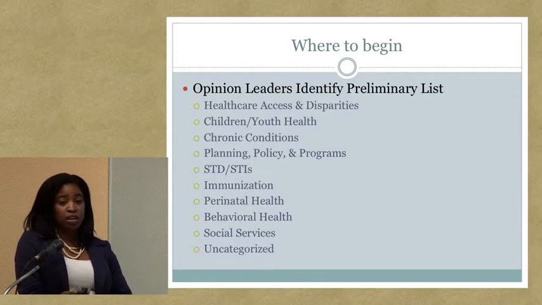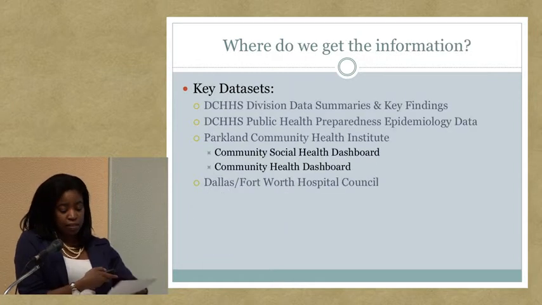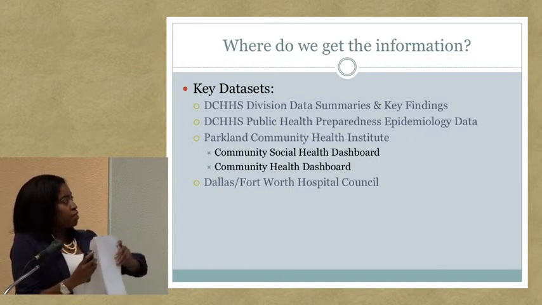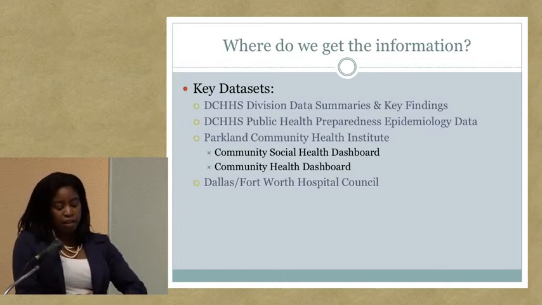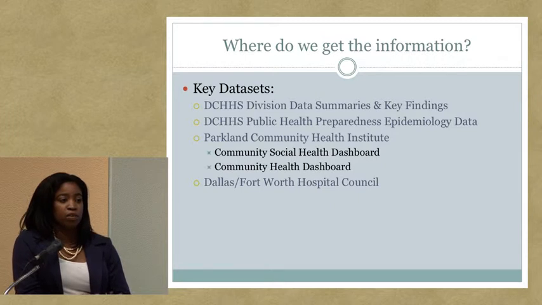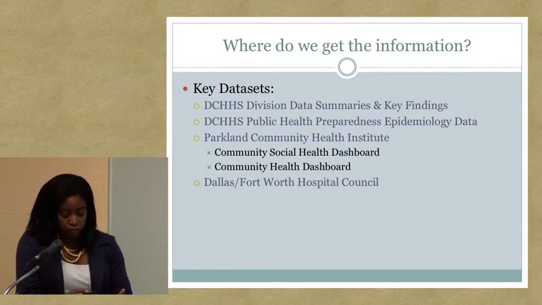So we started with our work group and narrowed down our list. And then we talked about, okay, so where do we get this information? And we had great resources from our hospital, and then we also have the Dallas-Fort Worth Hospital Council. So I recommend that you take a look at your nonprofits and see what resources they have to offer.